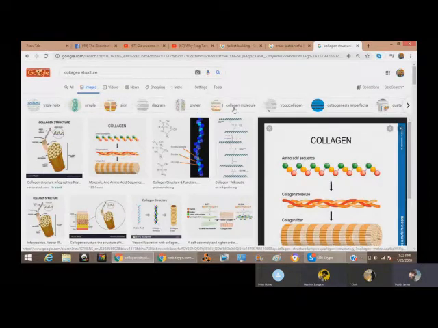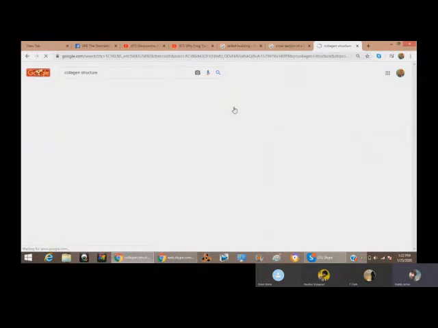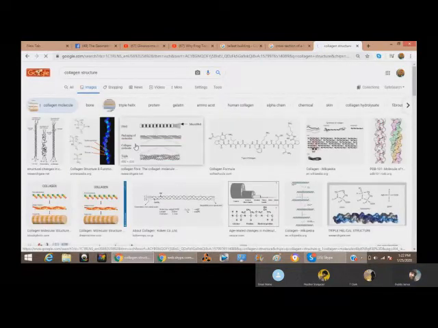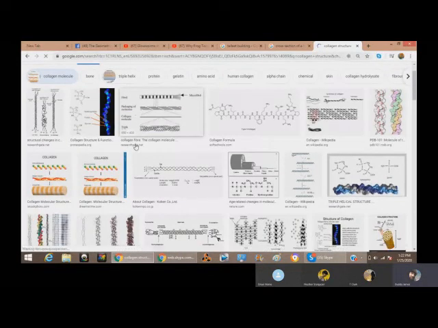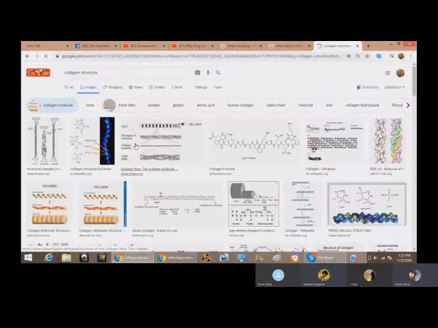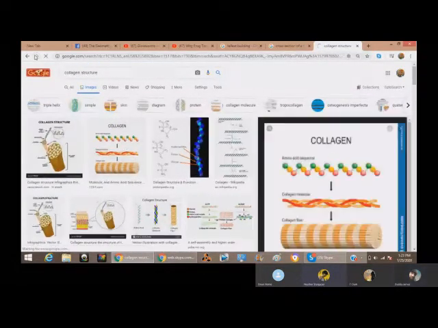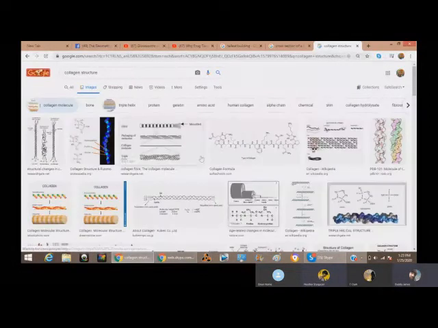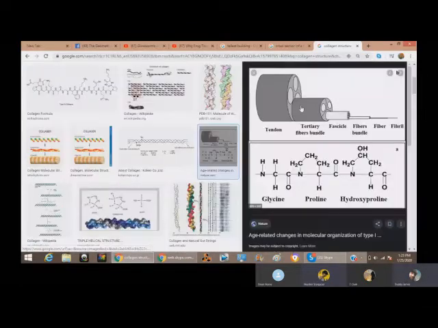And the protein, collagen molecule. So there's a good one. There was a black and white diagram that showed it exactly right there. That's exactly what we're doing. Yeah, there it is.